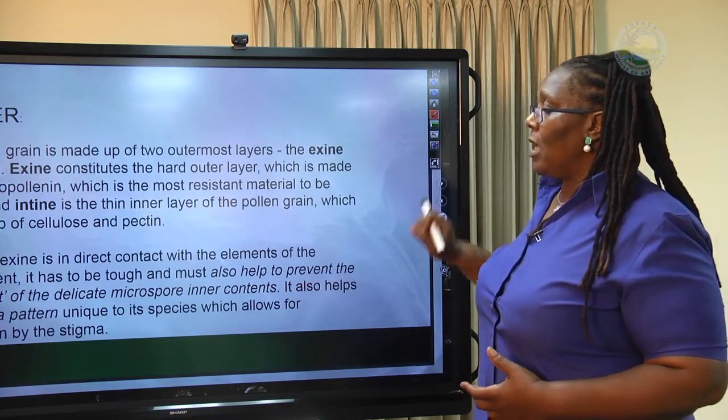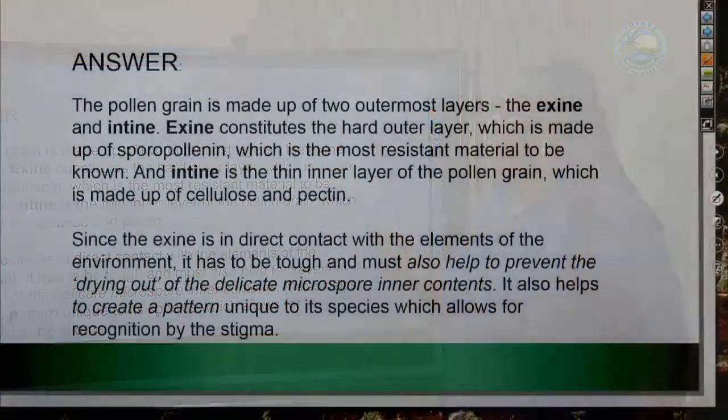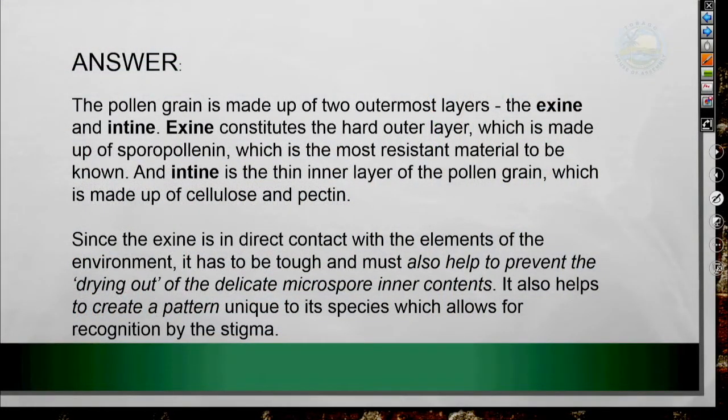Right? I have the answer here. You can take a copy of it. You can take a picture of it, or you can come back and look at it afterwards. Because I know you're going to come back to this video a little later on to just get a second taste of it. Good? The pollen grain is made up of 2 outermost layers, the exine and the intine.